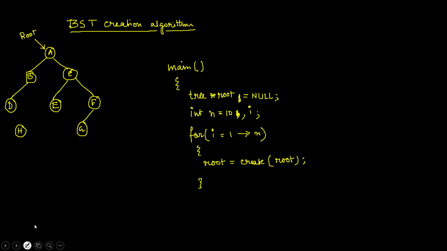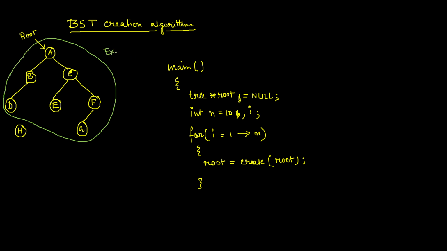This part, the whole tree, is existing, and at some ith time another create function is called and it has created this node. Now the question is that I have to connect it. So now I will explain what to do.